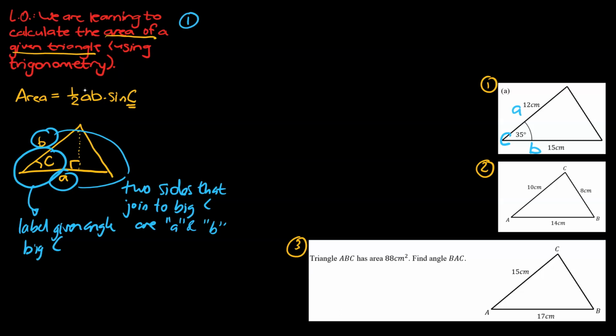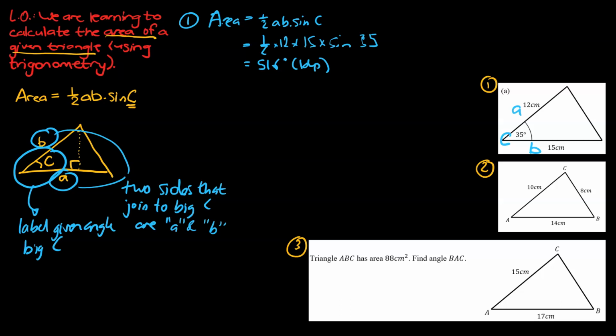The area of this triangle will be equal to 1/2 of AB sine C. That's going to be 1/2 times 12 times 15 times sine 35. Sorry about the bad pen there. When you put that in your graphics calculator, you should get 51.6, rounded to 1 decimal place. Hopefully that first question made sense.